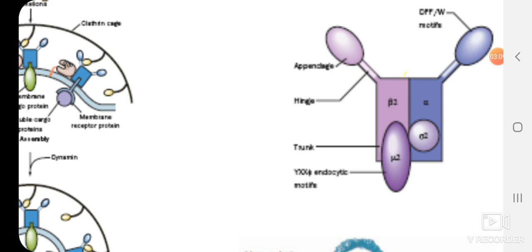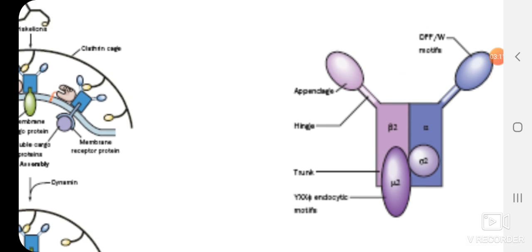On the other hand, we can see that the beta and alpha have the appendages. These appendages are involved in binding with the clathrin, thereby establishing a linkage with the clathrin as well as the receptor.